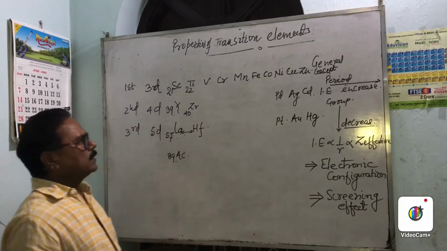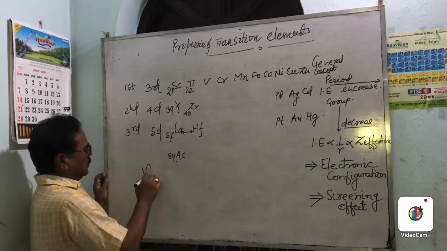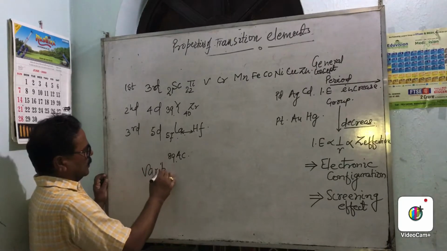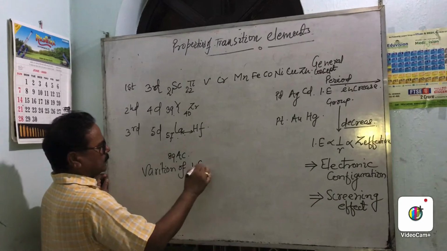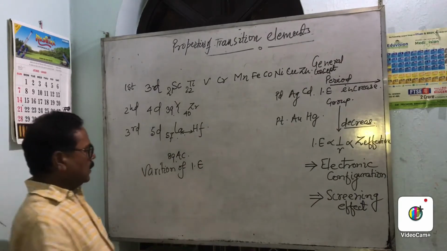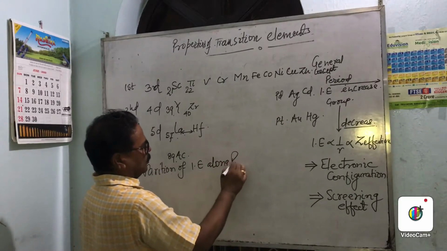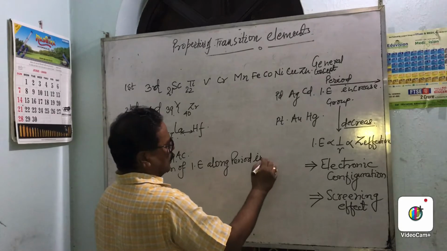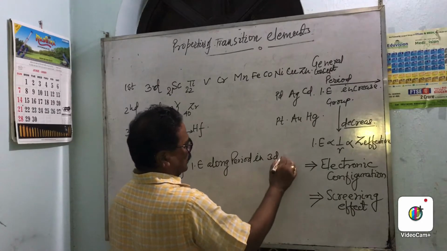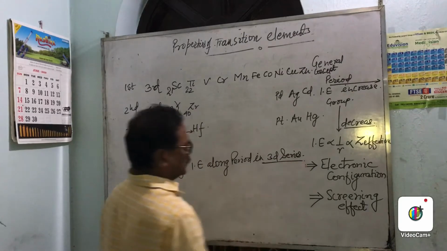So what is the general trend of variation of ionization energy along the period in the 3d series? First we talk about the 3d series.